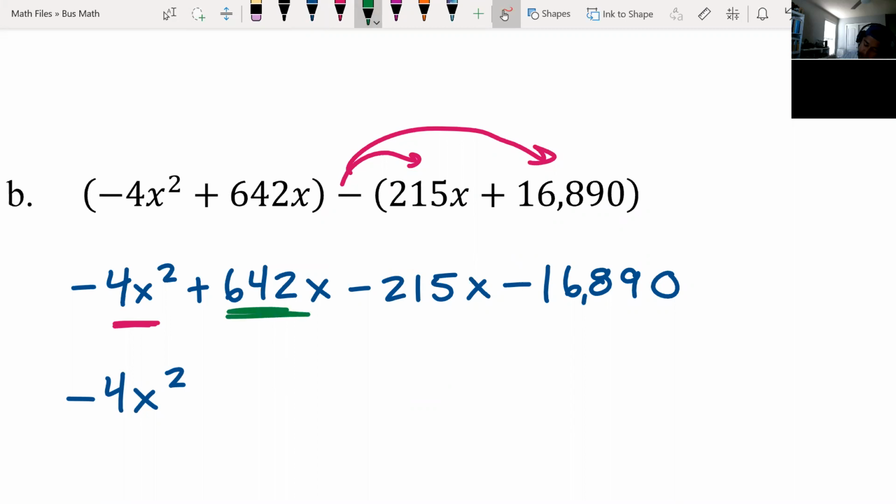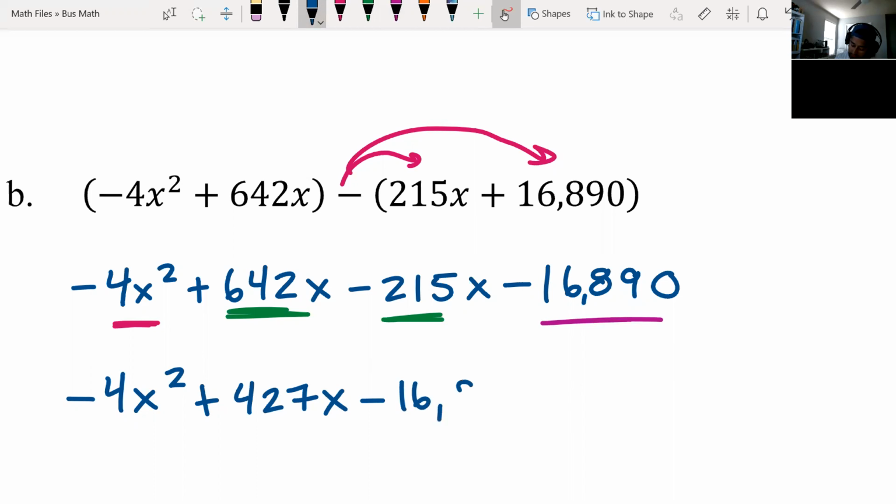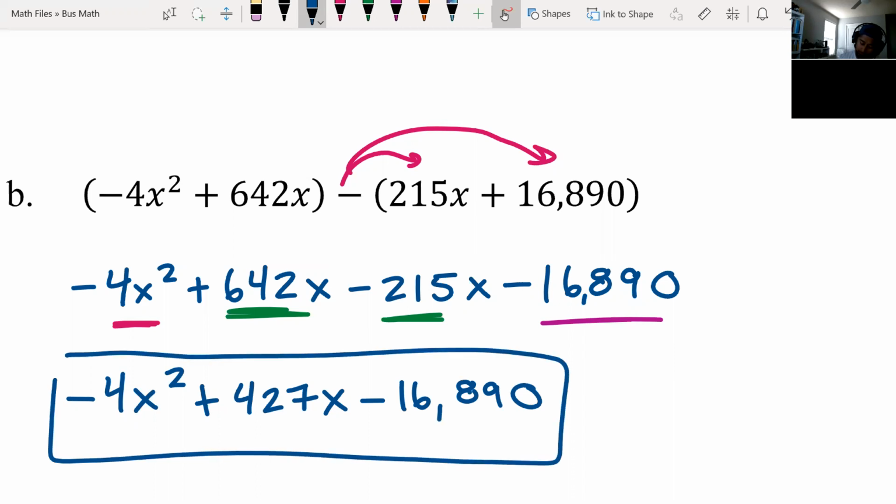I have 642 minus 215. 642 minus 215, and that'll give me 427x. And the last number left is just the constant by itself. So this will give me negative 16,890. And there's our answer.